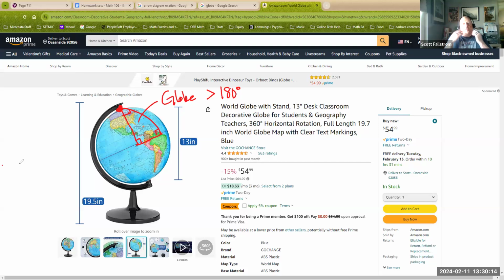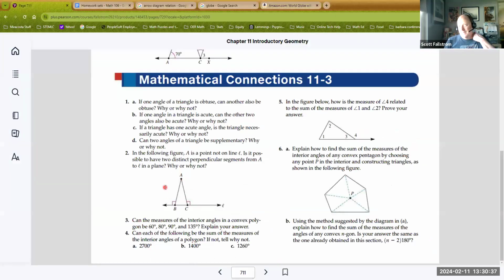So if you kind of suck your lips in or go to the other side of the globe that's kind of pushed out, we get something that's known as a different type of geometry, not spherical geometry. And so that one, the sum of those is less than 180 degrees. So when we're dealing with a flat surface, it will be exactly 180 degrees. So that's why when we're doing these type of questions, you're like, what? But there's actually a good reason for it.